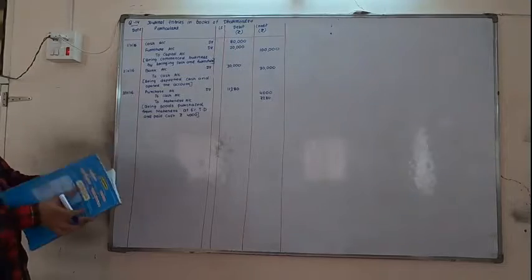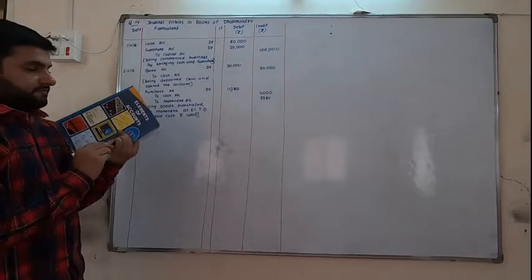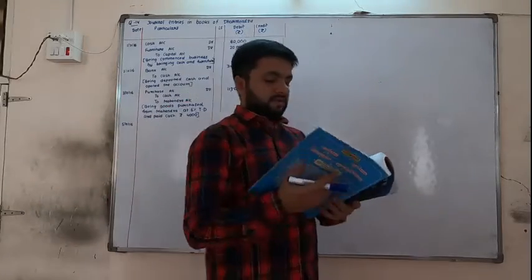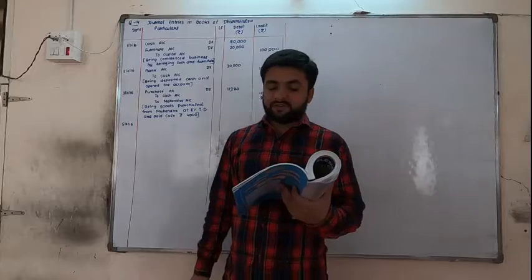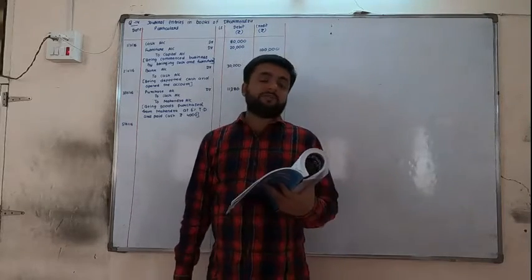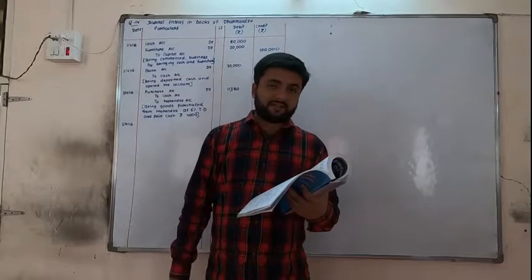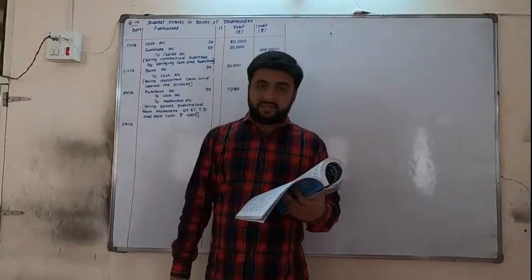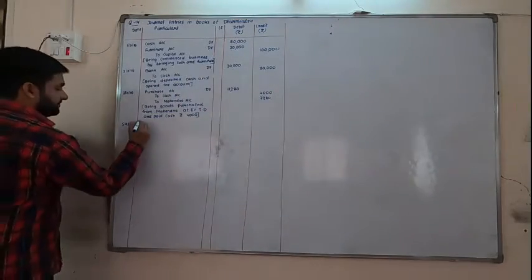Next 5, 7, 16. Goods of 7,500 are sold to Narendra at 10% trade discount. He has paid 2,000. Goods are sold, goods are going out, sales is credit. Now cash is coming in for 2,000, remaining amount is not received, so opposite party is only the receiver, so that name is to be written.